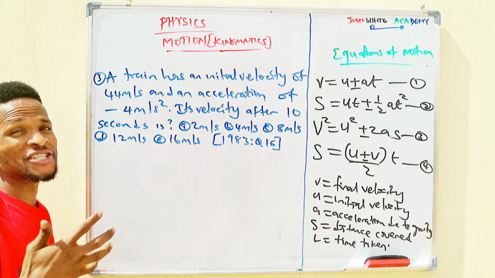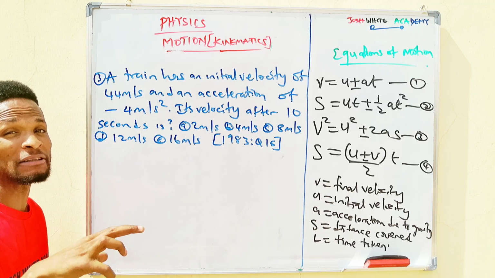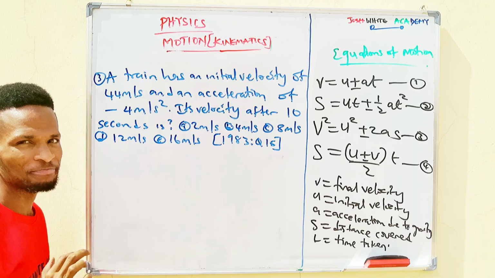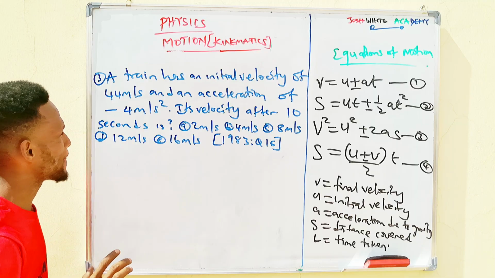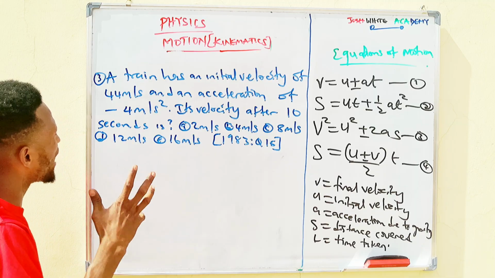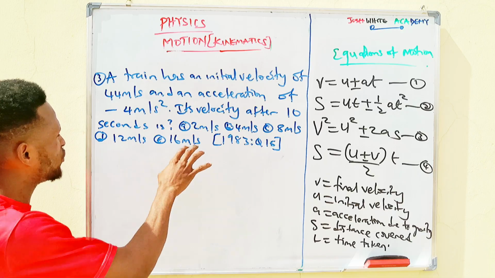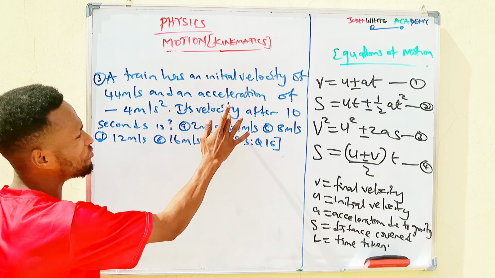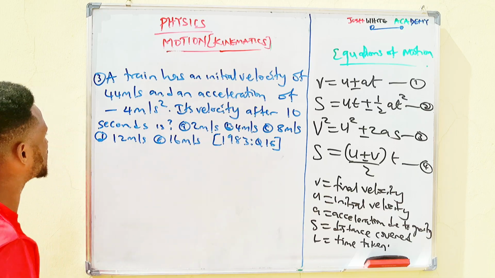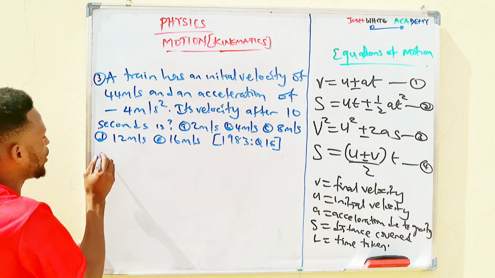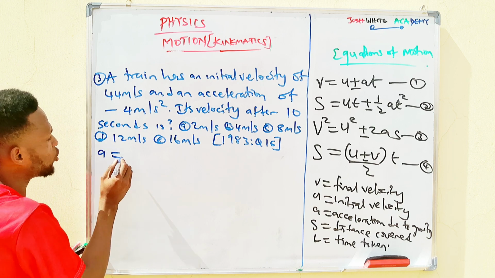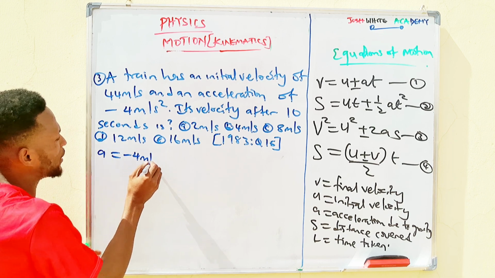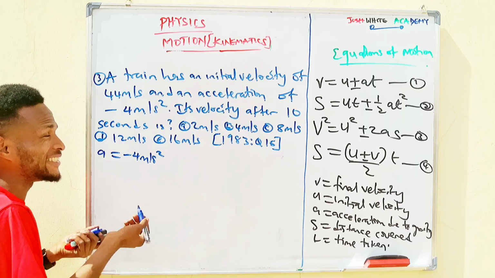If an acceleration is given to you with a negative sign, that means that's deceleration, that's retardation. So I think that's all, and we are meant to find velocity. So let's get our data. Our acceleration is equal to negative 4 meters per second squared. You can just write deceleration there.